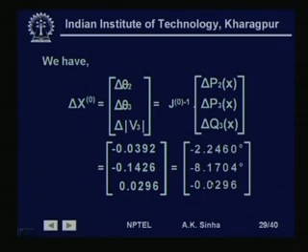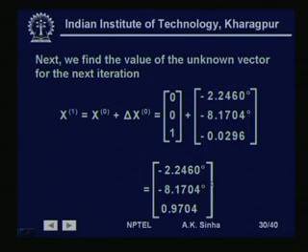So, using these error values at the first iteration, we get the updated value of the state variables at the first iteration as x1 is equal to x0 plus delta x0.